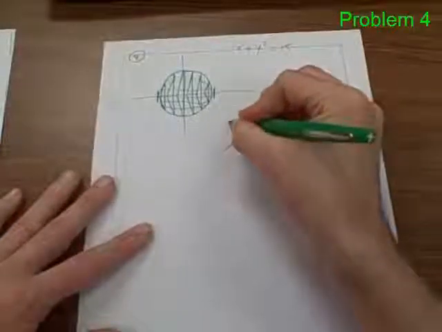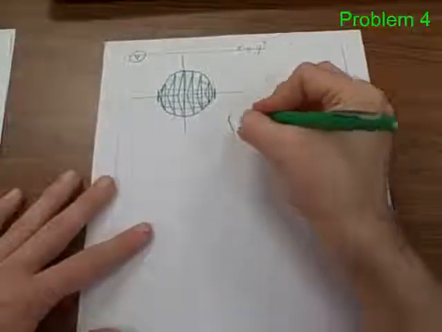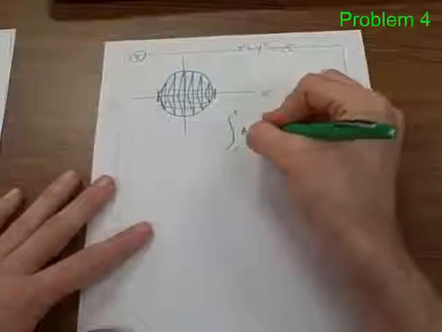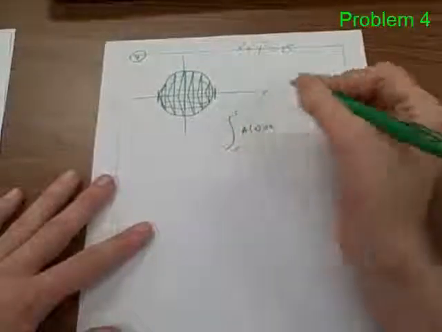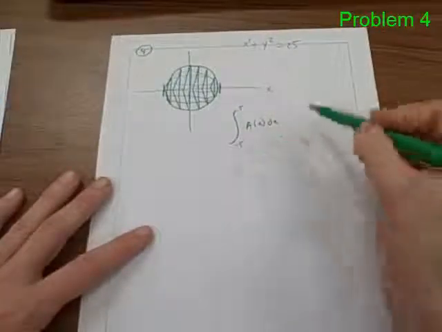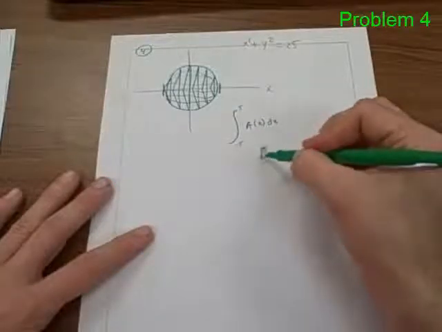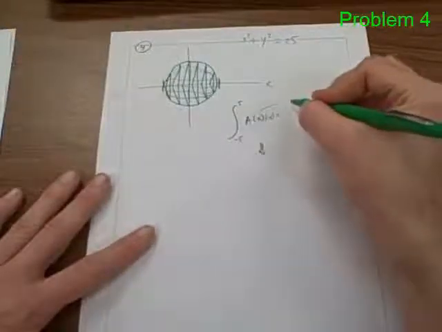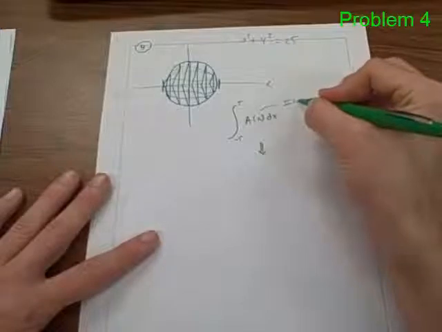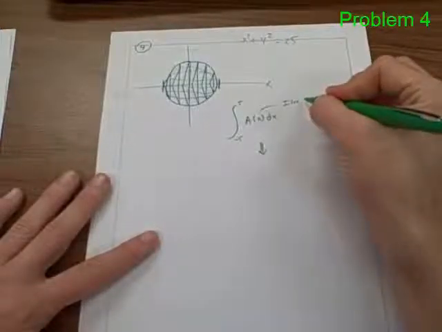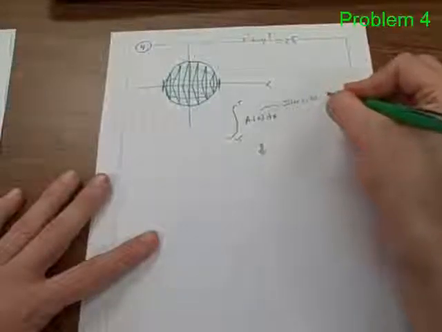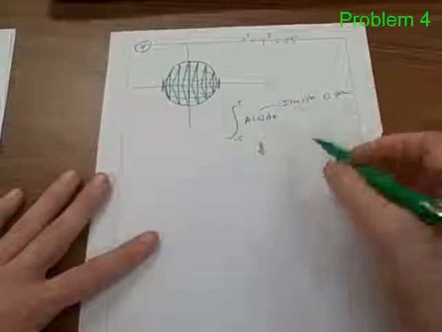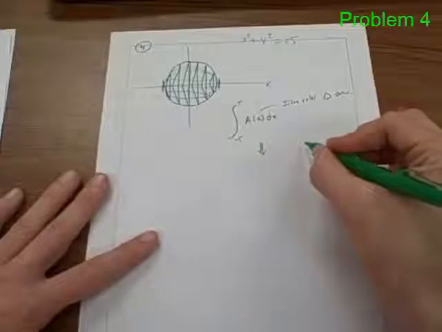So I'm going to do an integral from -5 to +5 of the triangle area. Great idea on the AP test to write intermediate things like this so that you can pick up partial points. So I'll say this is the isosceles triangle area. How do you spell isosceles? Isosceles triangle area.